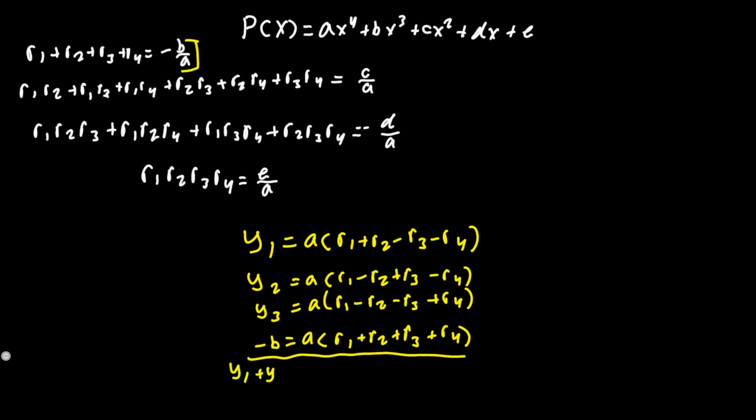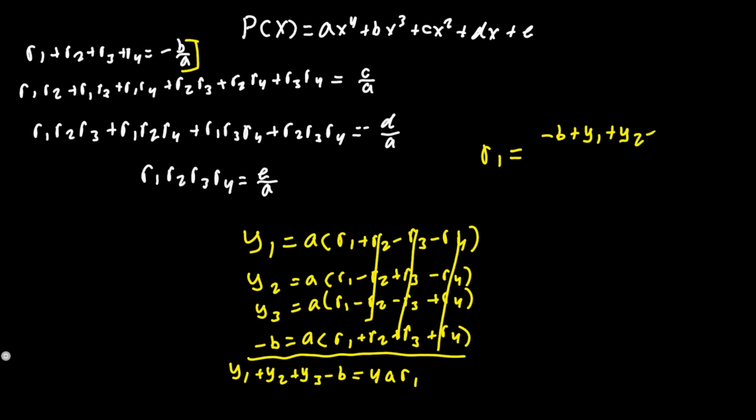y1 plus y2 plus y3 minus b is equal to 4a r1. And since we have r2 plus r2, that is 2 minus 2r2, these cancel out, and these cancel out, simply giving us r1 is equal to minus b plus y1 plus y2 plus y3 all over 4a.